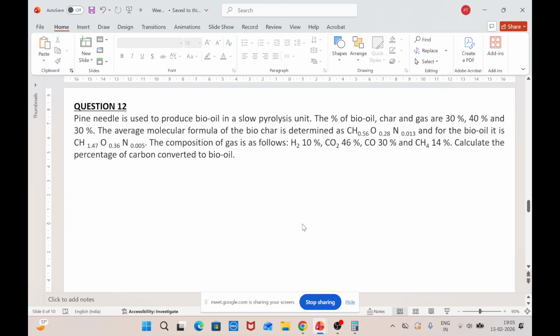So you have pine needle, you do pyrolysis, and you generate products: bio-oil, char and gas, at 30, 40 and 30 percent. You have the average molecular formulas, and the gas composition in terms of hydrogen, carbon dioxide, carbon monoxide and methane. The question is to calculate the percentage of carbon in the pine needle that is converted to bio-oil.